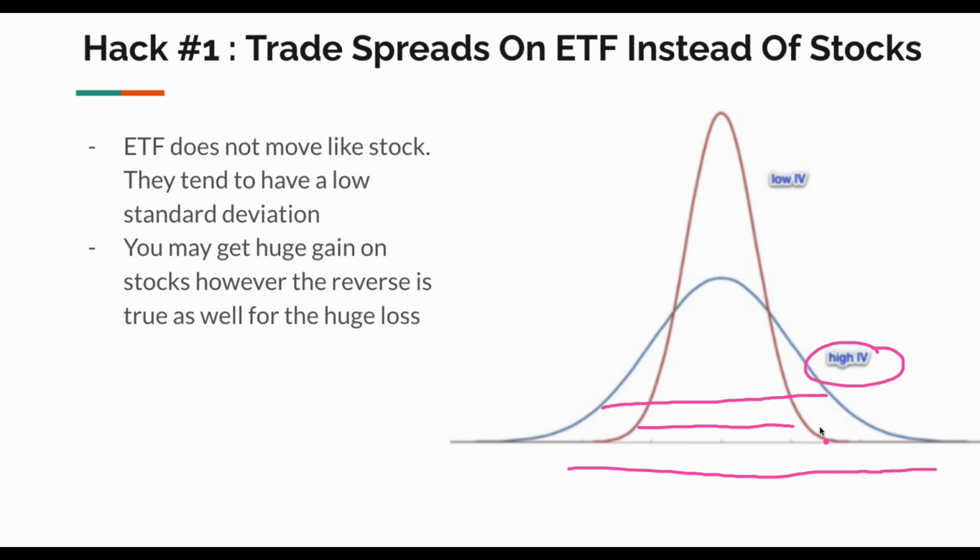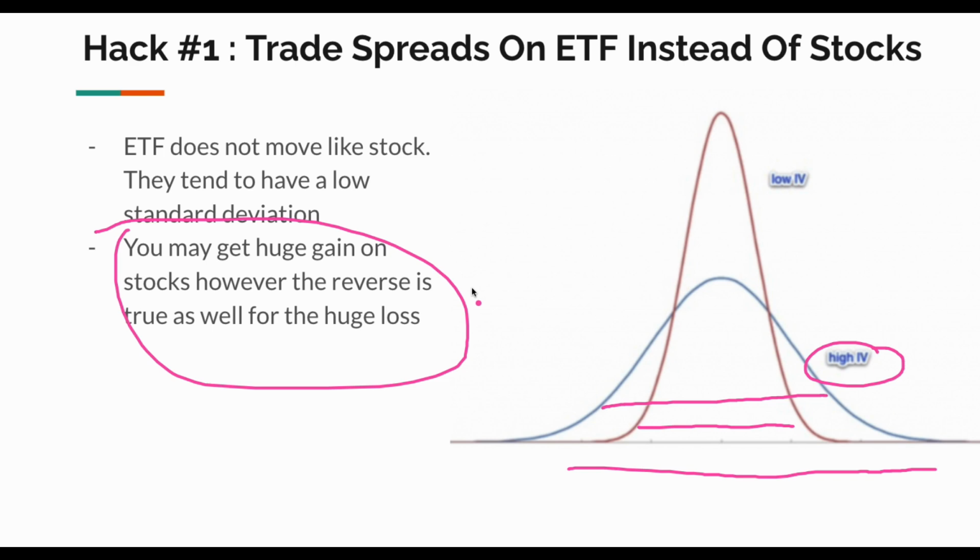One more point is this one. Let's say you do a put credit spread, and the stock really moves upward, you may have a huge gain. But the reverse is also true. If you have played the same put credit spread and the market really goes down, in that case you are at risk of losing your capital.